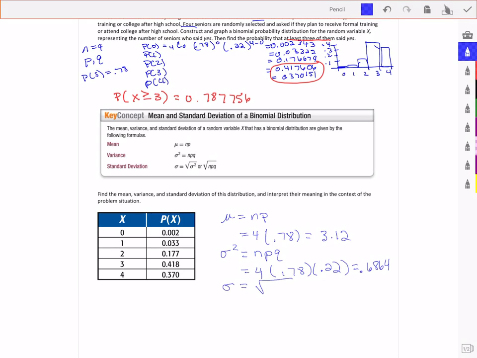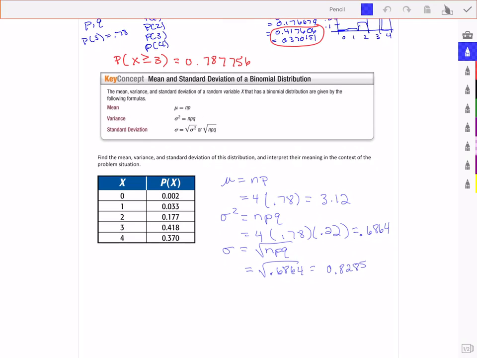And then standard deviation is the square root of NPQ. So the square root of 0.6864, which is 0.828. I'll say 5 there.